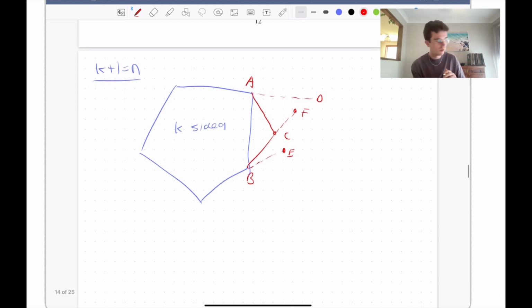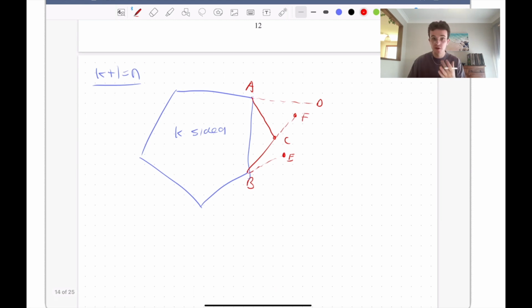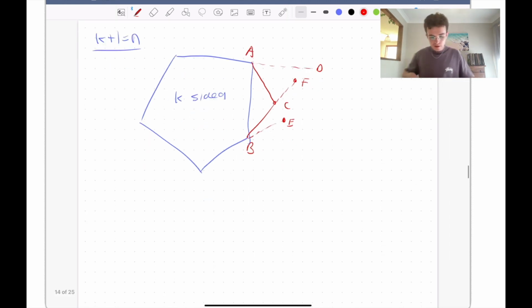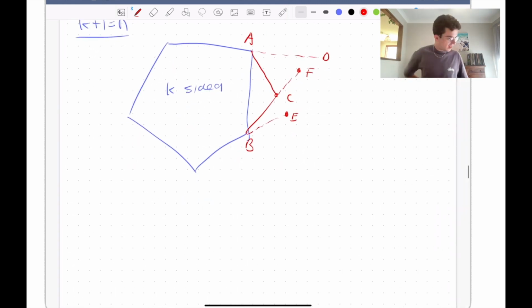So let's think about it. We've assumed that the k-sided polygon has exterior angles of 360 degrees. Now, the exterior angle sum of this new polygon is going to be the exterior angle sum of the k-sided polygon.